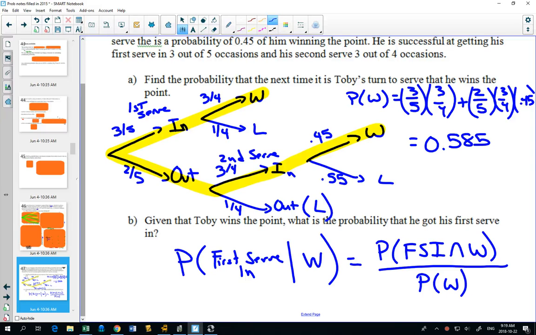Now, of course, you can get this formula from your formula sheet, but I always remember that what's on the bottom is what you knew. Because what does conditional probability do? It reduces your sample size because it tells you something you already knew. You knew that he won the point.